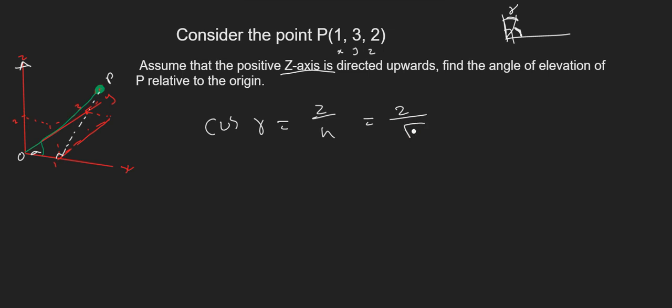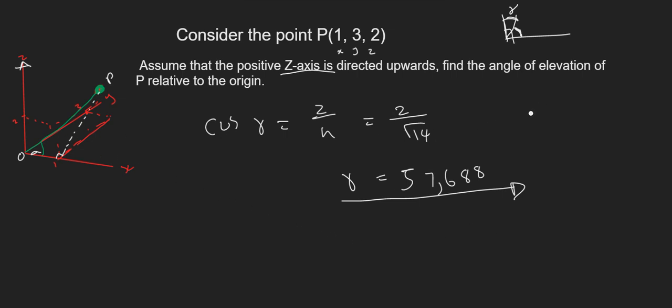Hypotenuse, we said it was root 14. Yes, it was root 14. And you do your maths, do the right computation, you get the angle. With the right computations, this is what you get. Remember, this is the angle.